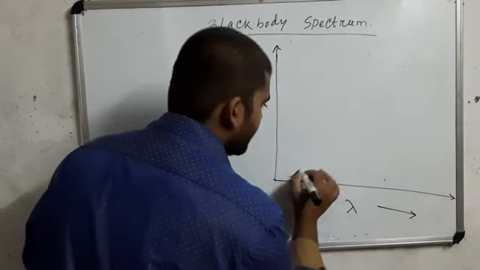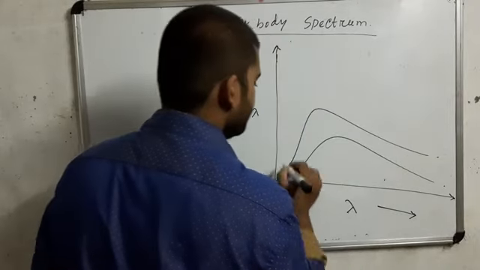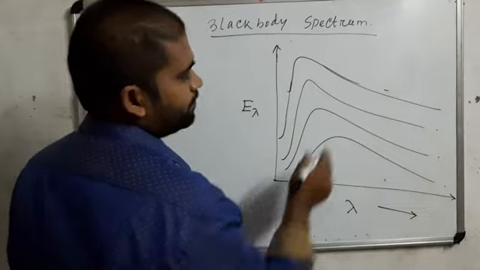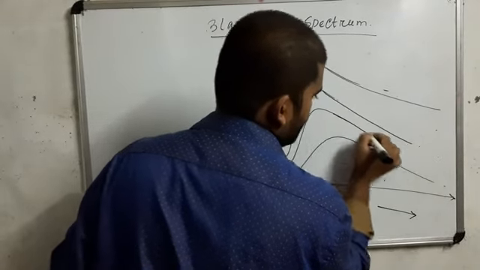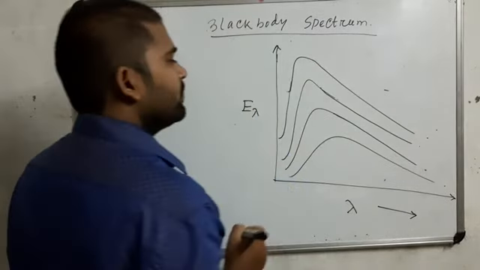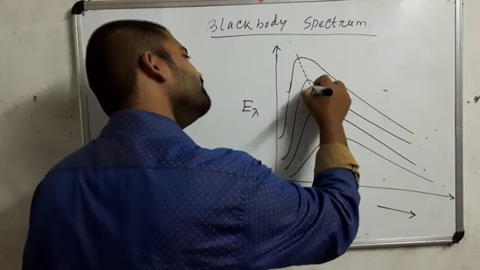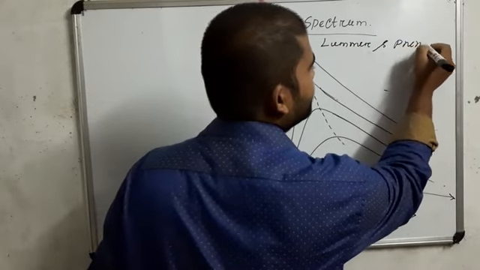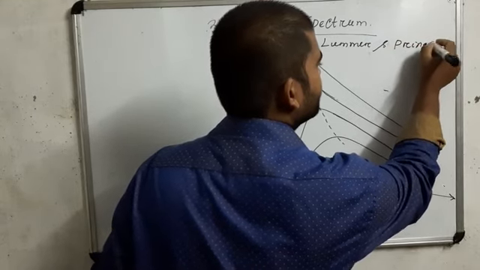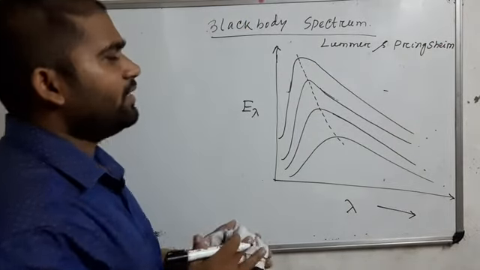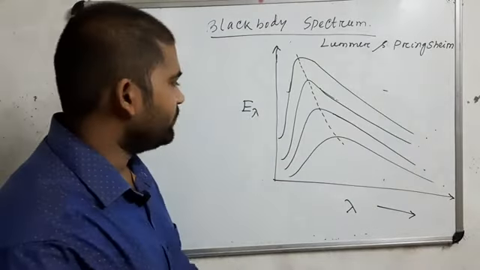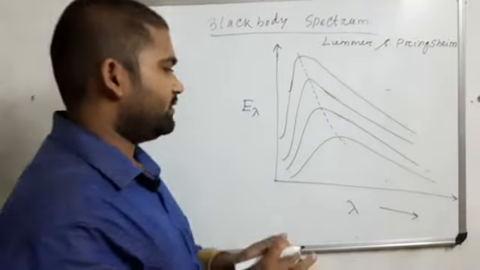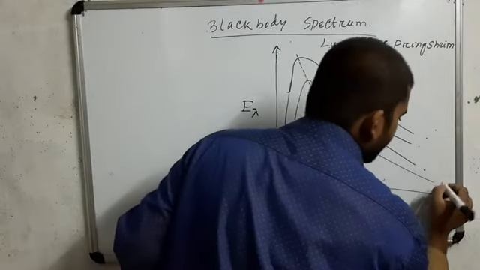Okay, and he takes the temperature range like Lummer and Pringsheim. Lummer and Pringsheim first studied the black body's radiation spectrum, and as per Lummer and Pringsheim, when we take the variation of wavelength with the energy of the emitted spectrum, what we find is the variation of wavelength with different temperature ranges.